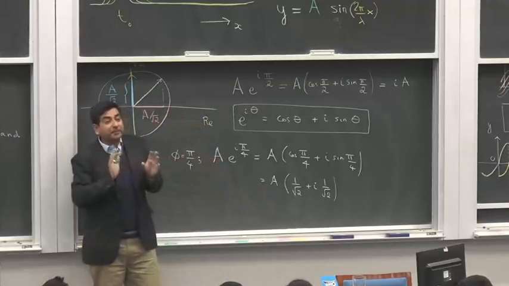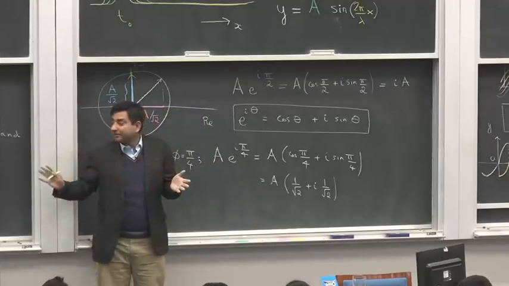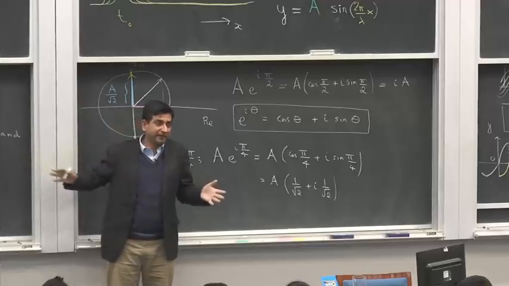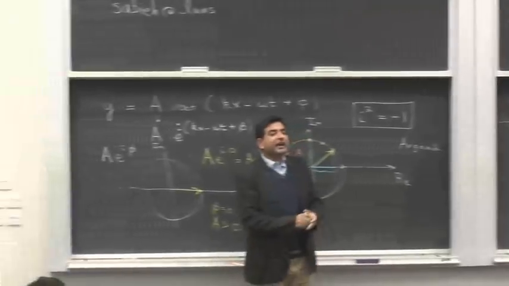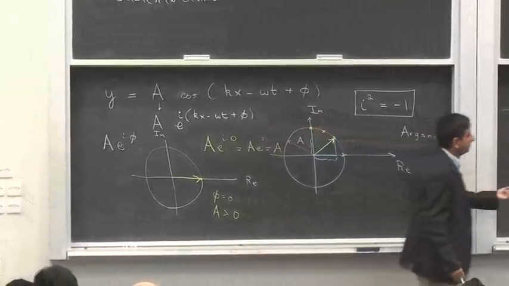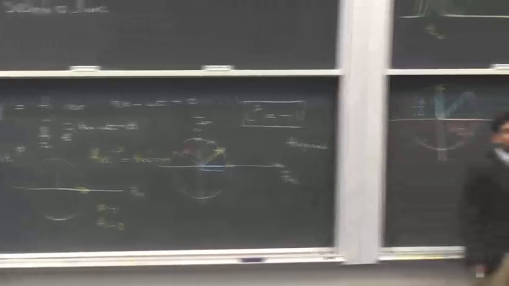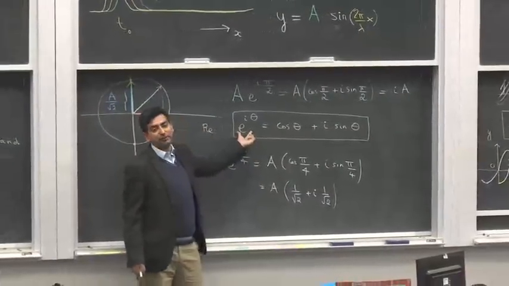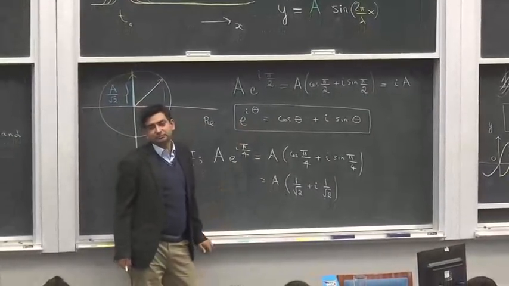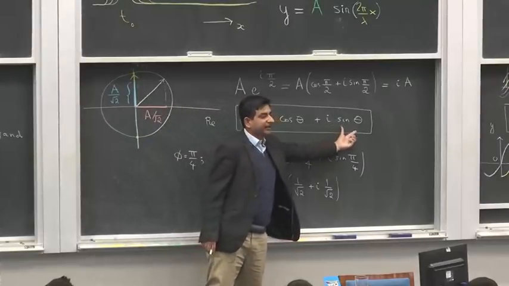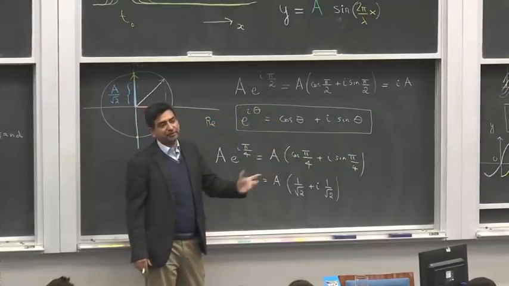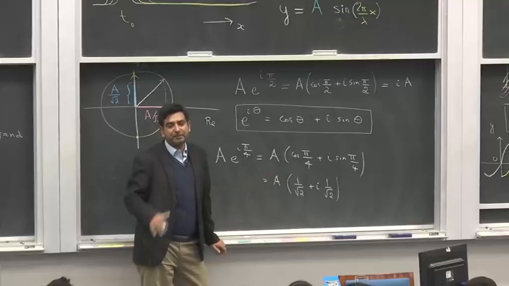Now I have to build a bridge between wave motion and the kind of expression that we have here. This is our formula. If I have cosine of something, the cosine is just the real component of a complex number. Agreed? And if I have sine of something, it's just the imaginary component of a complex number.